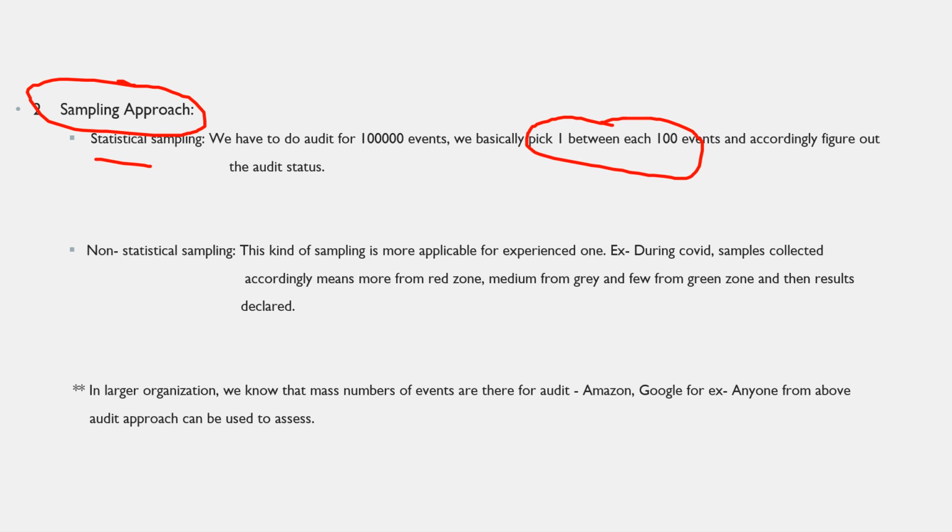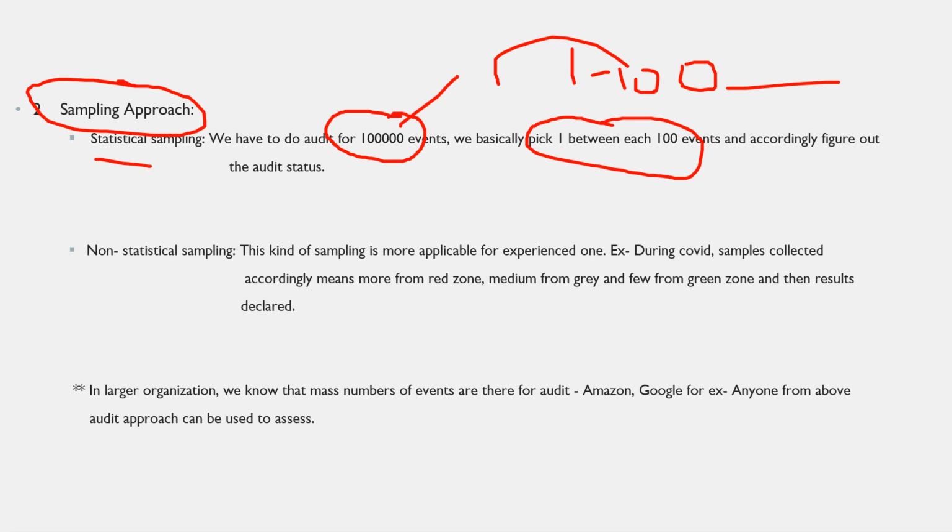Let's take an example. We have 1 lakh events. For each 1 to 100 events, you pick any one event, and accordingly for the next 100 events. Like this, guys, for every 100 events we pick only one, and accordingly we make our judgment.